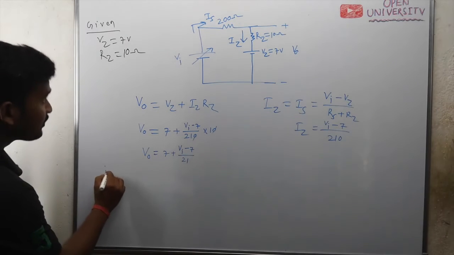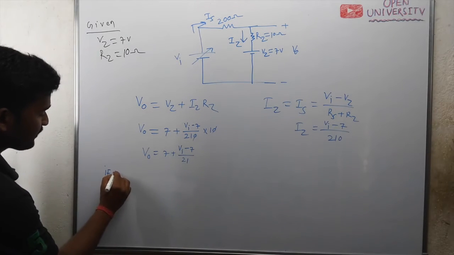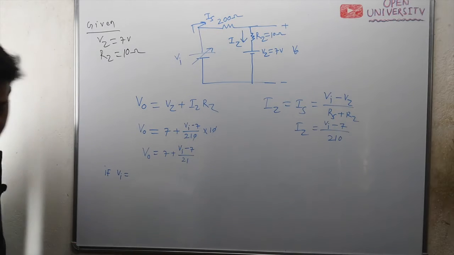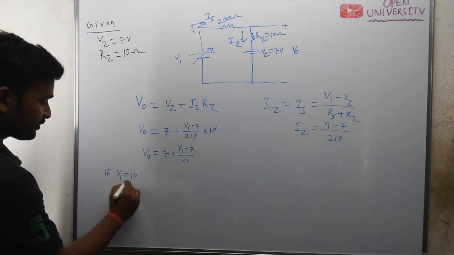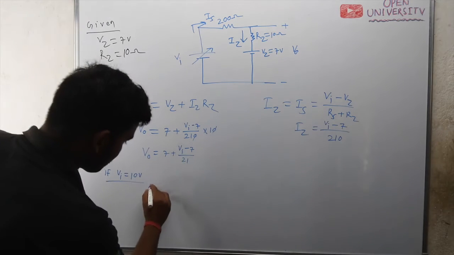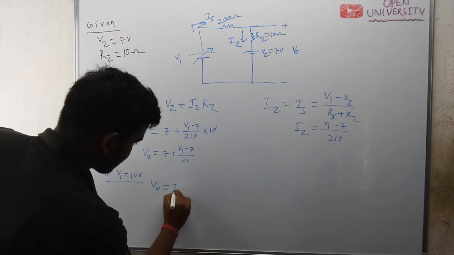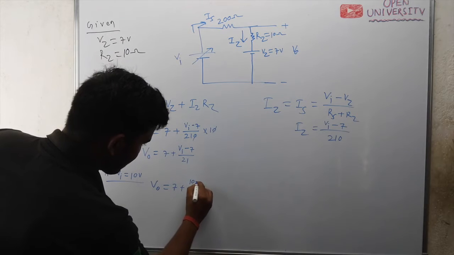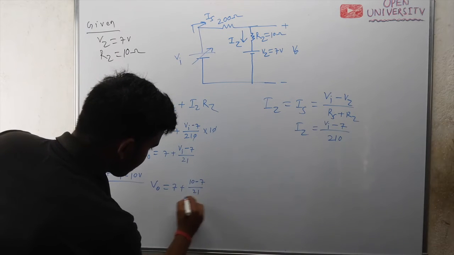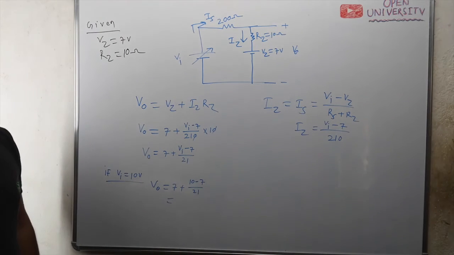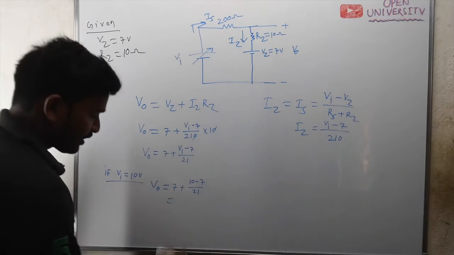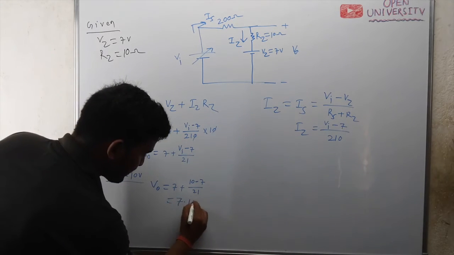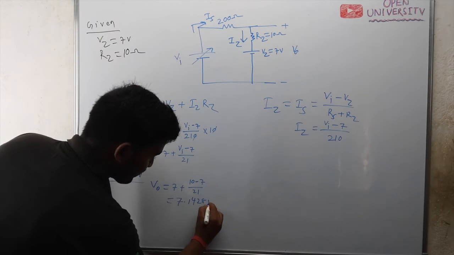The input voltage Vi is varying from 10 volt to 16 volt. If you consider the input voltage as 10 volt, then what will be the output voltage? 7 plus (10 minus 7) by 21, which will be 7.1428 volt.